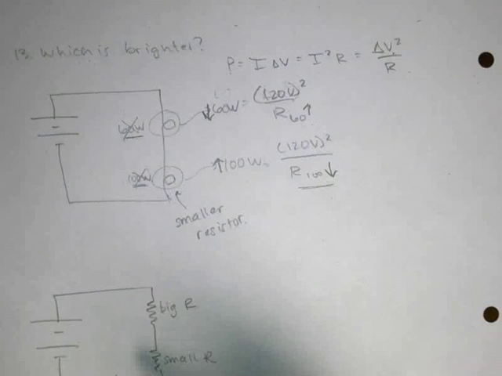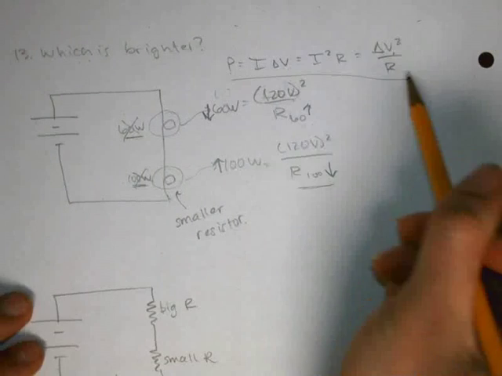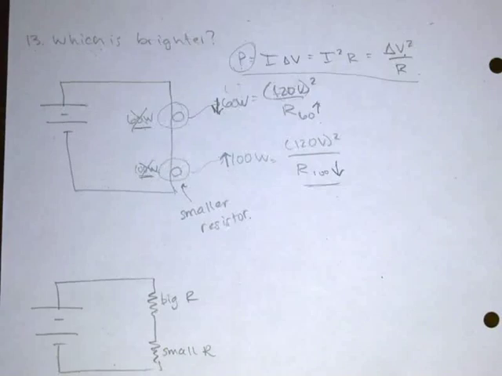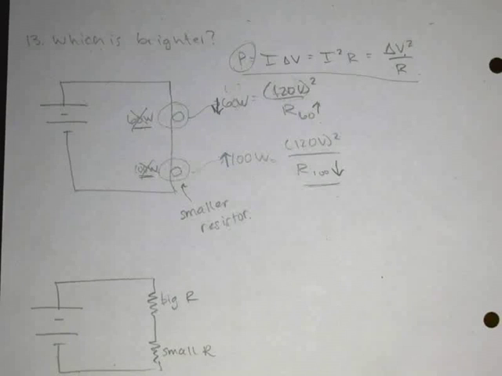Now we can figure out which of these equations is good to look at to reason out which one is going to dissipate more power, because the one that dissipates more power will be the brighter bulb.